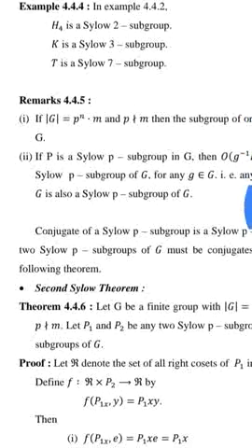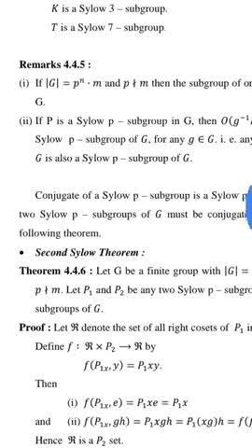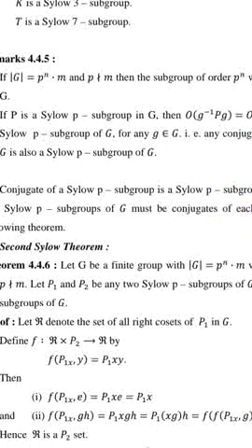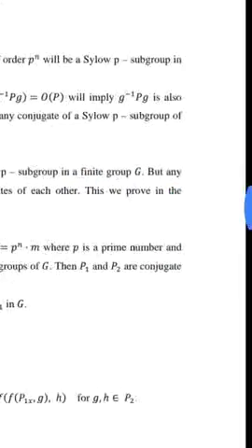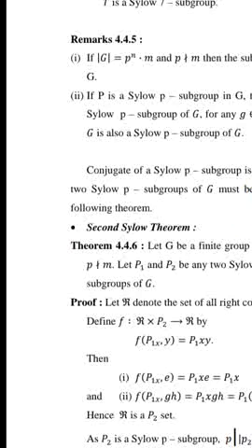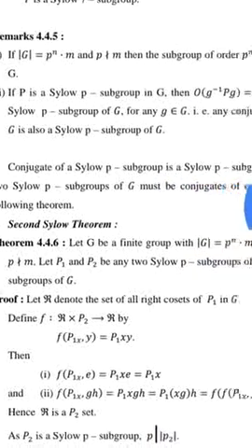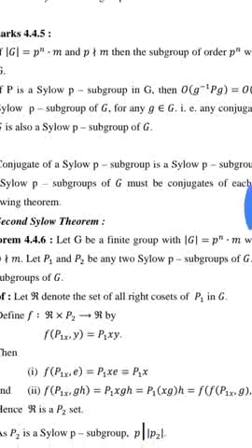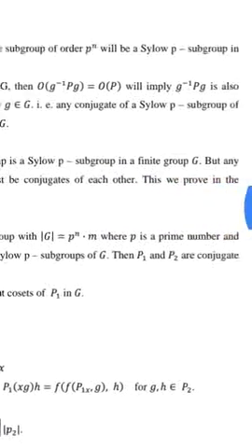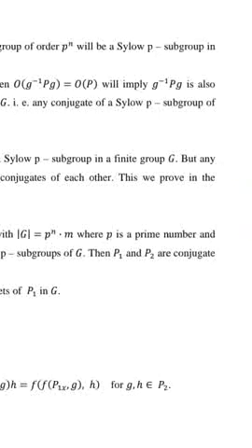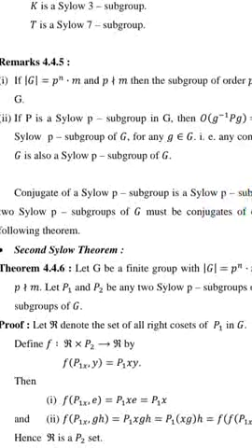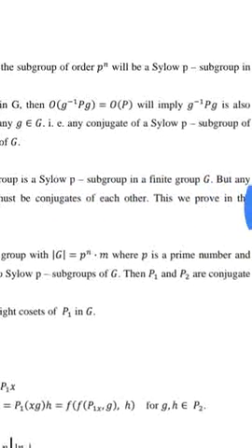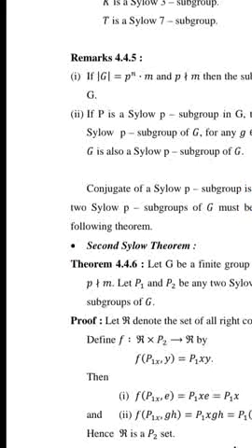Remark: if the order of G is equal to p raised to n times m and p does not divide m, then a subgroup of order p raised to n will be a Sylow p-subgroup in G. If P is a Sylow p-subgroup in G, then the order of g inverse P g is equal to the order of P, which implies that g inverse P g is also a Sylow p-subgroup of G for any g belonging to G. Any conjugate of a Sylow p-subgroup of G is also a Sylow p-subgroup of G.